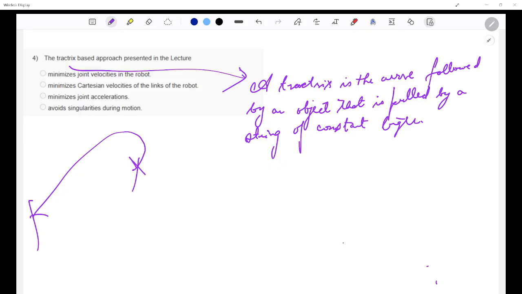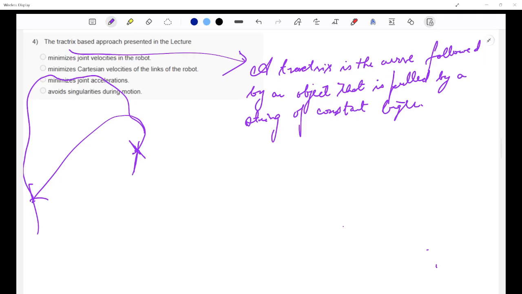Okay, so in redundant robots, when the end effector moves, all the intermediate links also move. But we may want the links to move in a way that produces minimal unnecessary motion, right? It's not that if I want to just reach here, this is also moving like this and coming. No, we might not want that.